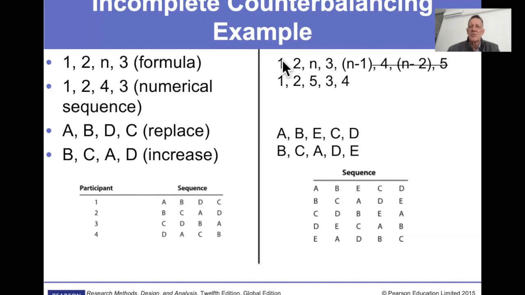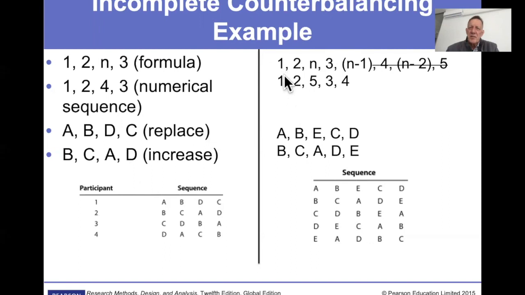All right, let's do one more with 5 levels.